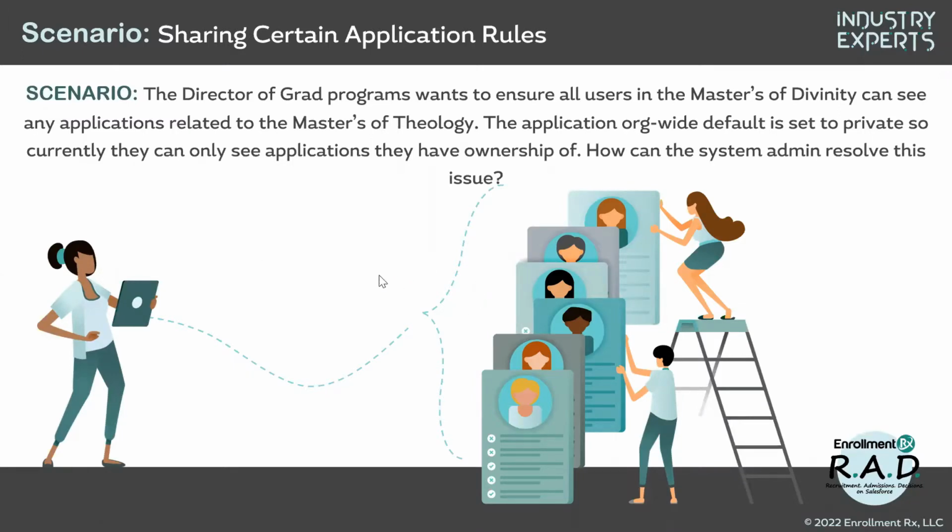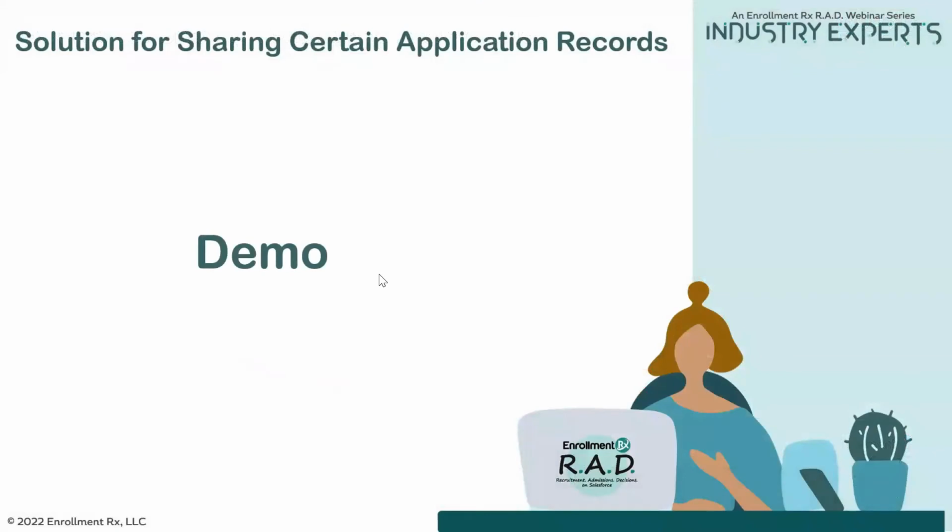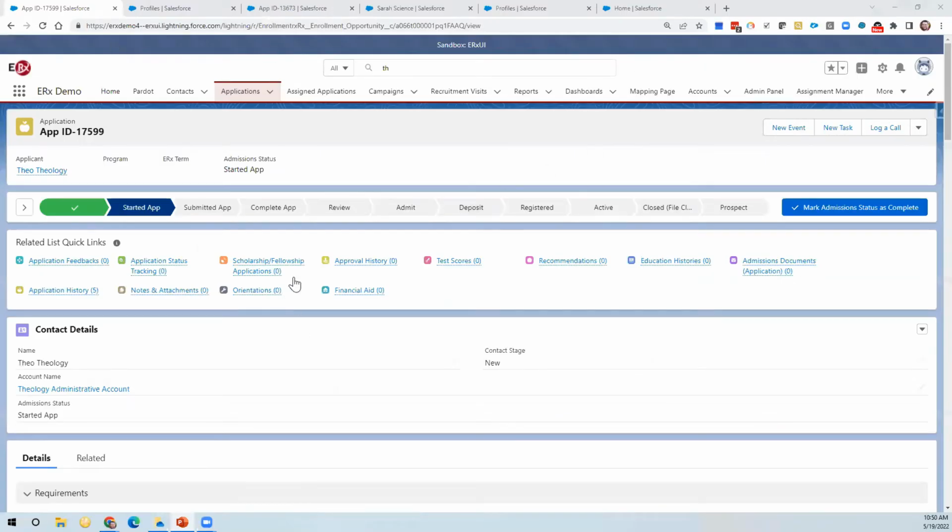Let's jump into a demo in an org and talk through this for a few minutes. All right, in this scenario, let's start with the application record. This is an application record that lives within Salesforce.